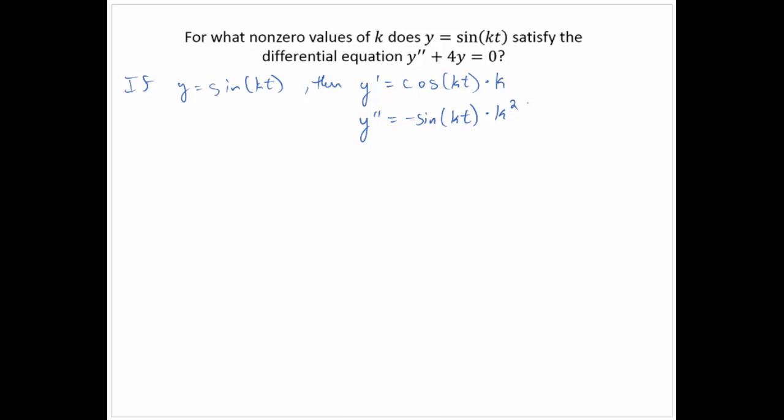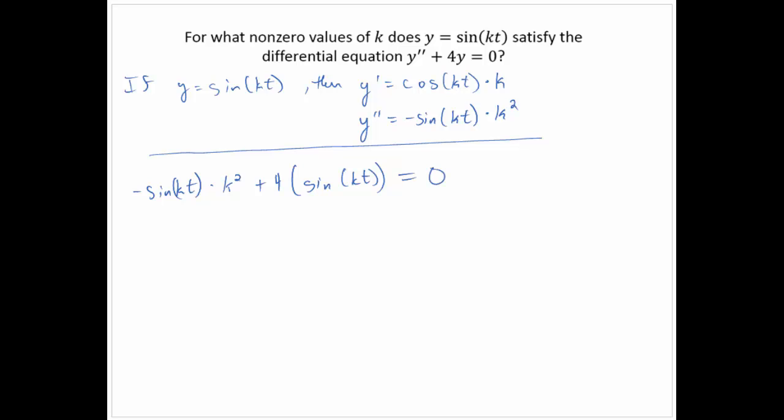So now let's substitute into the differential equation. Y double prime, negative sine kt times k squared, plus 4y, 4 times sine of kt, is supposed to be equal to 0.